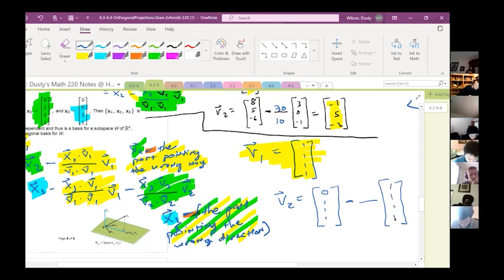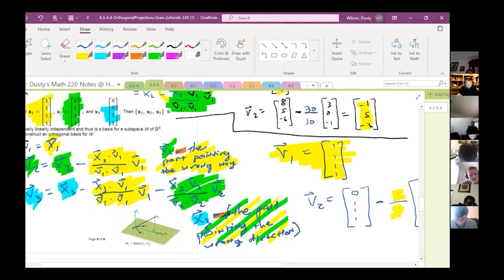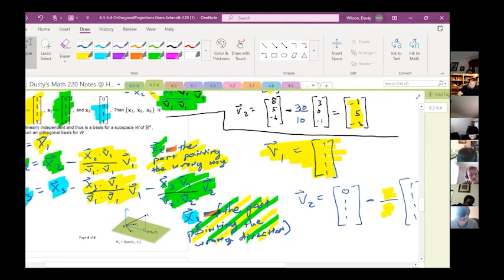So I need to know what that fraction is. So that fraction is going to come from right here.